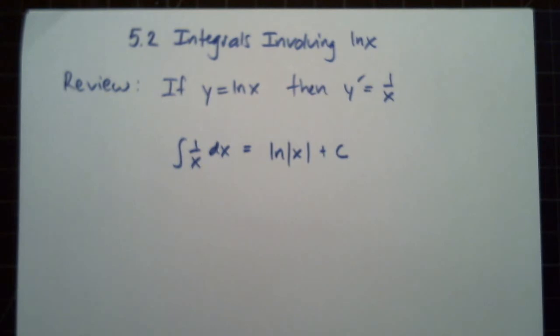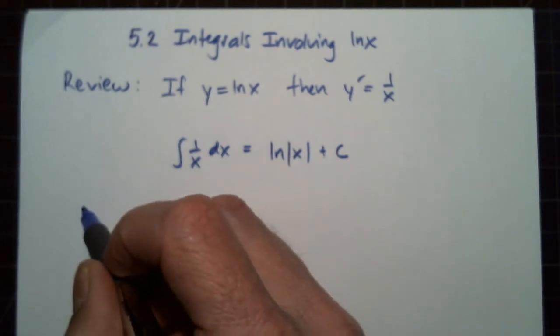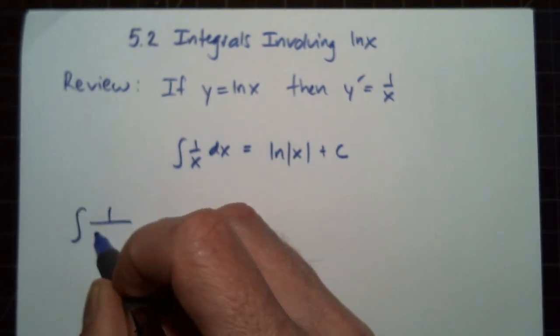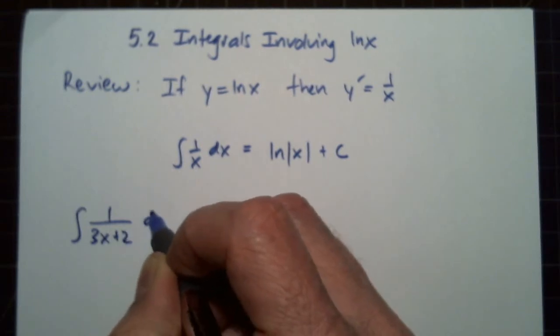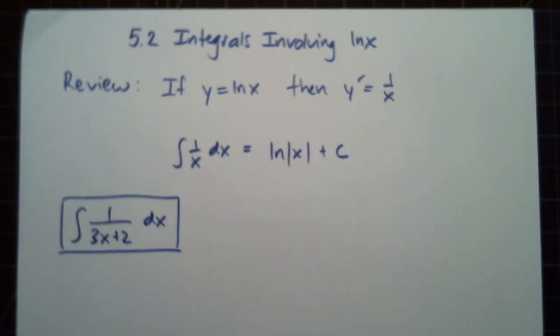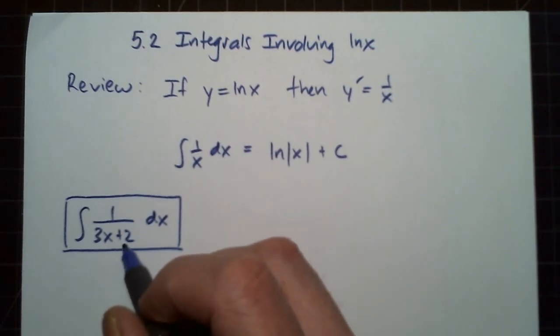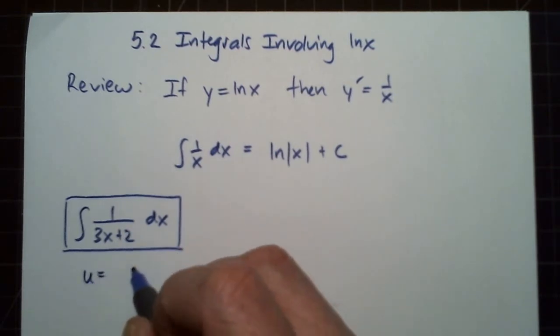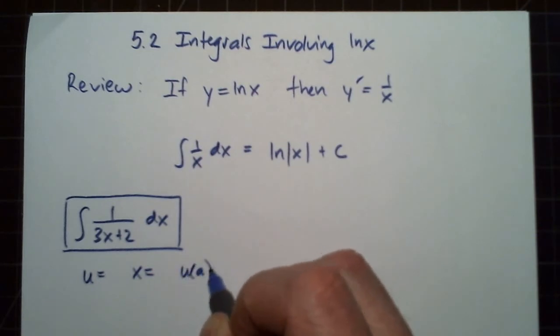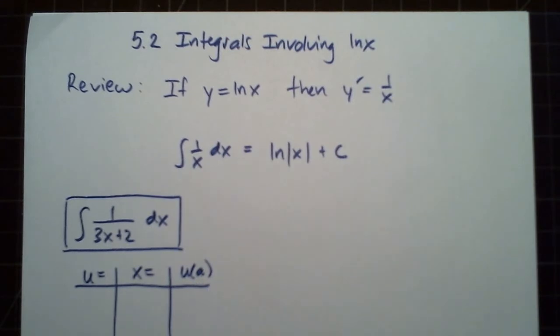So since the antiderivative is pretty easy, we're just going to look at a lot of integrals that require substitution. All right, so here we have u, x, and u evaluated at the limits of the integral.